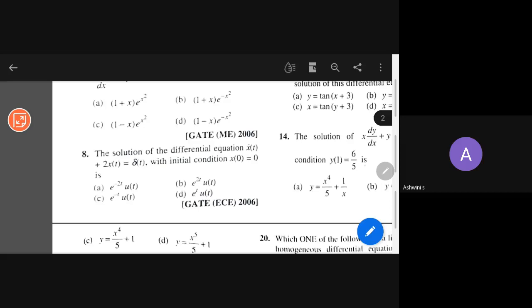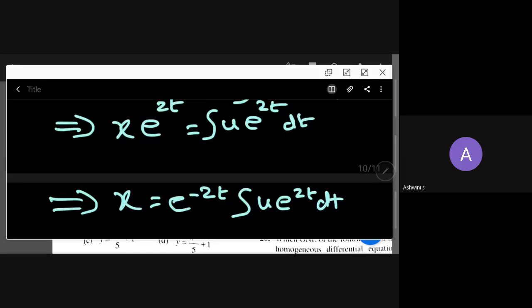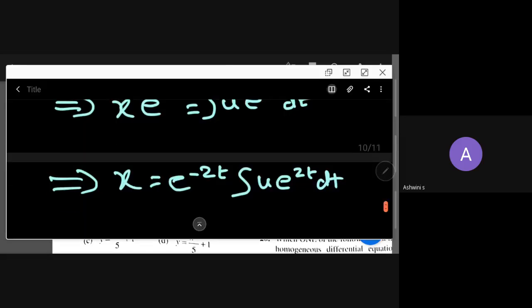Yeah, e power minus 2t. Oh, there is x of 0 also there. Sorry. So you have plus c, you can put.